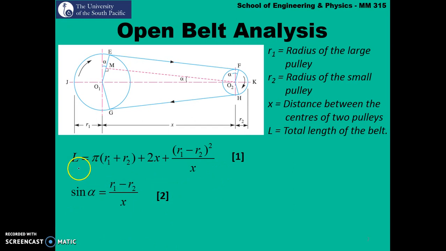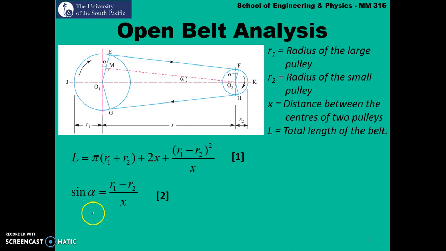The total length of the belt that you require to connect this belt drive system between the two pulleys would be calculated using equation 1. So pi into R1 plus R2, plus 2x, where x is the center to center distance between the two pulleys, plus R1 minus R2 whole thing squared divided by x.